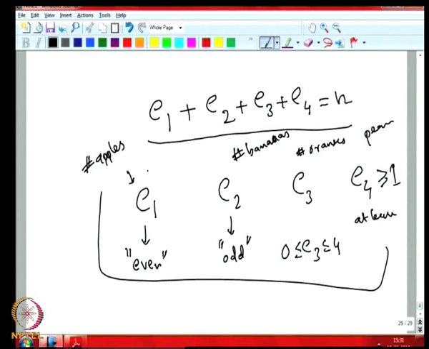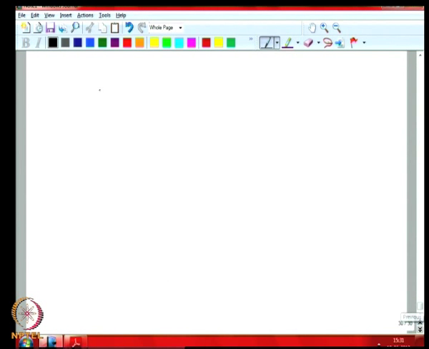Now corresponding to these apples, that namely this e1, we will have one term. So we will add like this, 1 plus x square plus x raised to 4 plus x raised to 6 plus and so on. Why? Because this is x raised to 0, x square, x fourth, because I am only interested in getting an even number of apples.